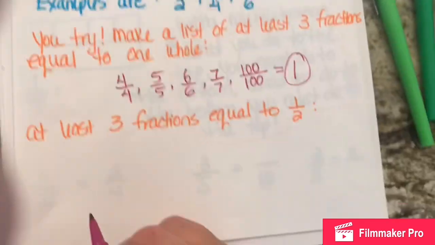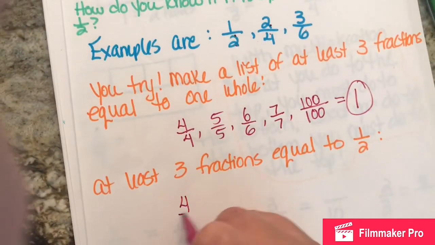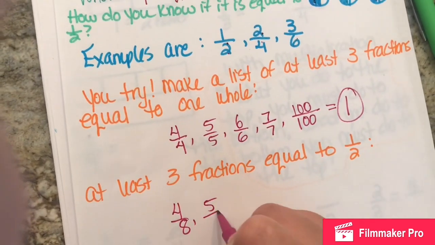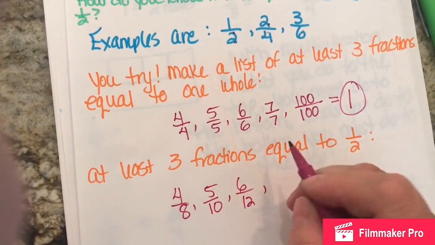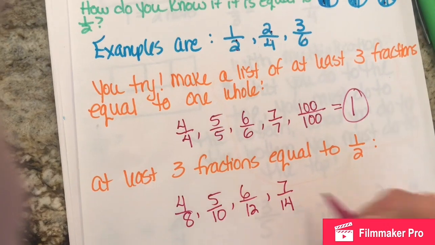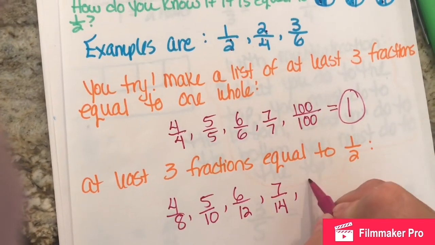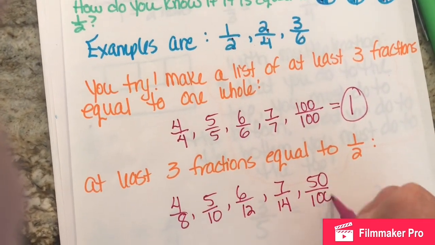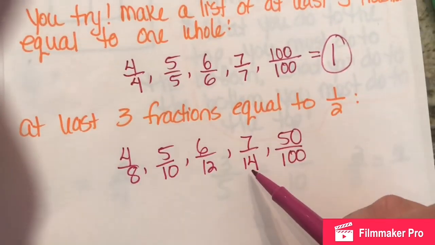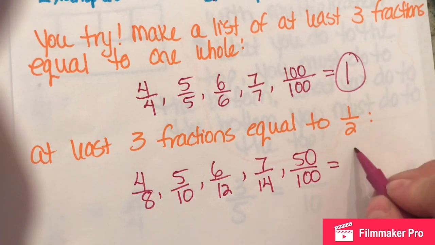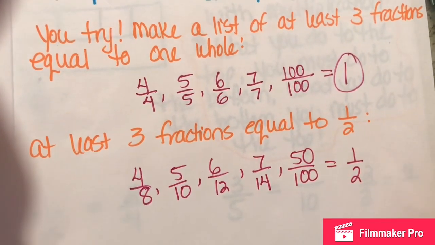So for example, you could have done 4/8, 5/10, 6/12, 7/14. You could have kept on going. You could have even done things like 50/100. As long as the top number is half of the bottom number, your fraction is equivalent or equal to 1/2.